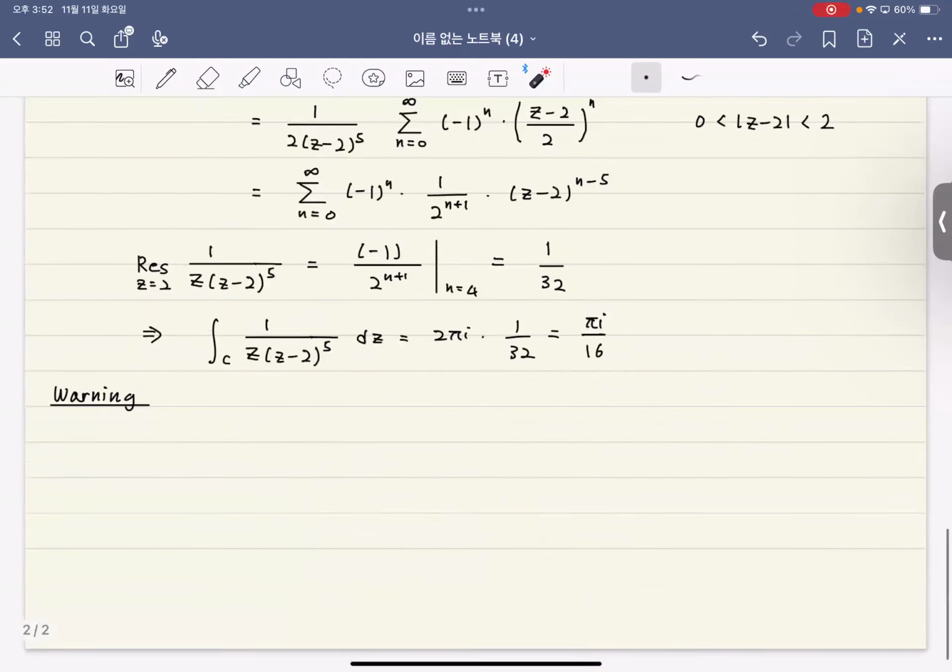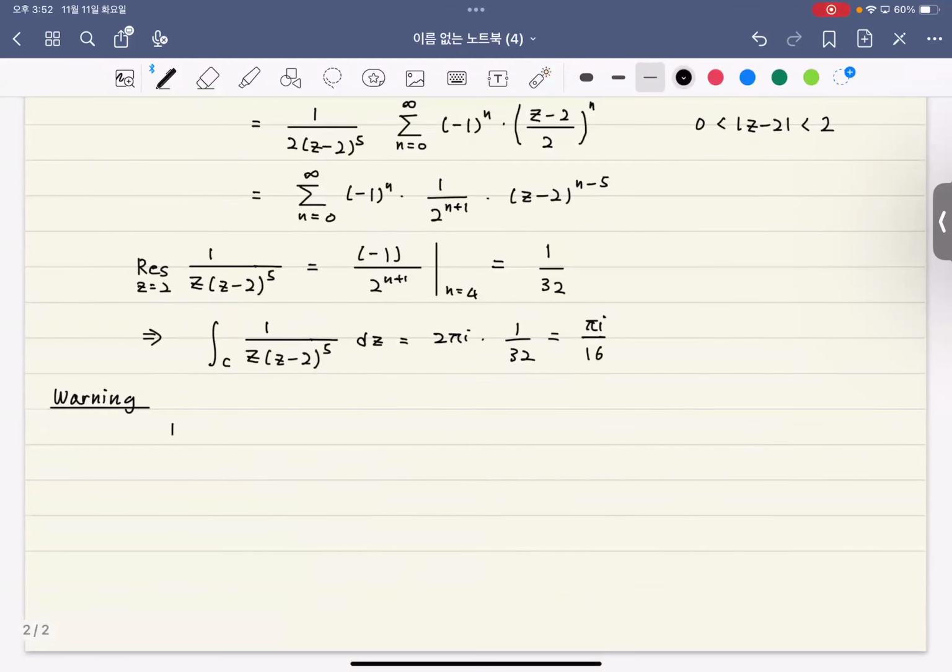So like this, z minus 2 goes to here, and I can always choose this to be z minus 2.